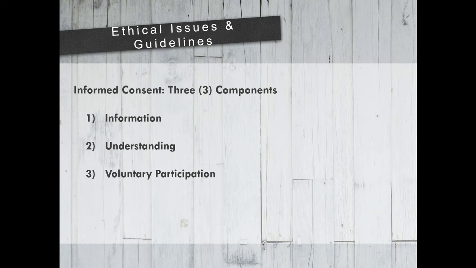Researchers must express their explanation in terms that the participants can easily understand and should give the participants ample opportunity to ask questions. And then lastly, we have voluntary participation.